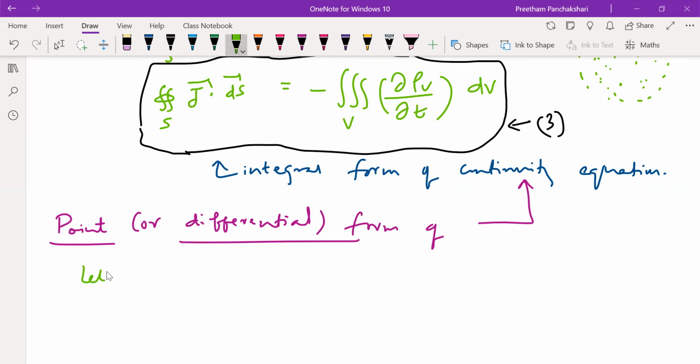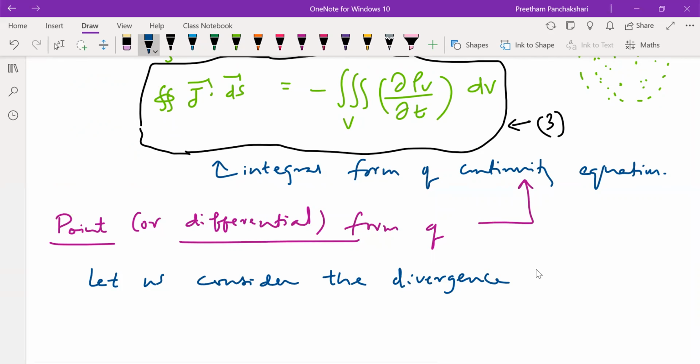Let us consider the divergence theorem. The divergence theorem is a mathematical theorem. I'm going to take the J vector to define the divergence theorem, because the divergence theorem is applicable to any vector which has partial derivatives.